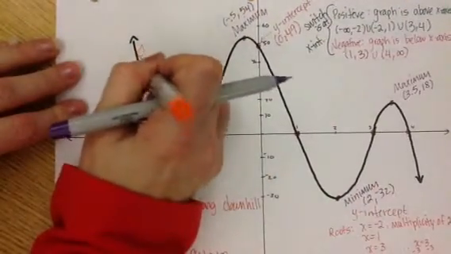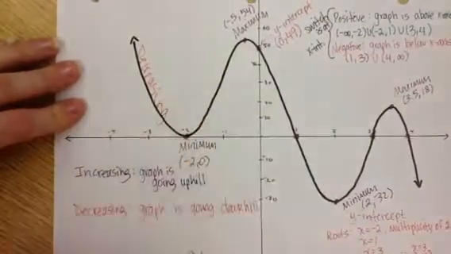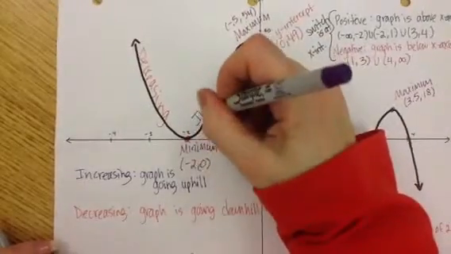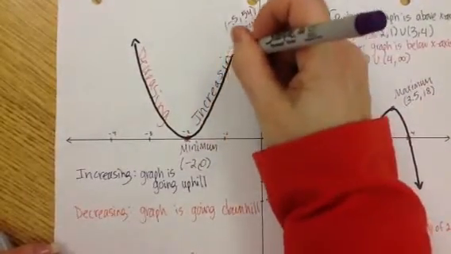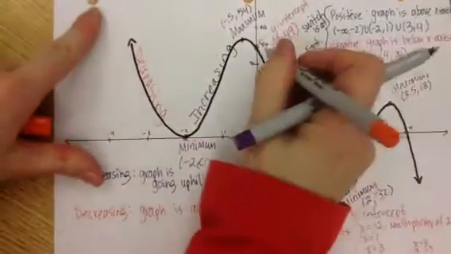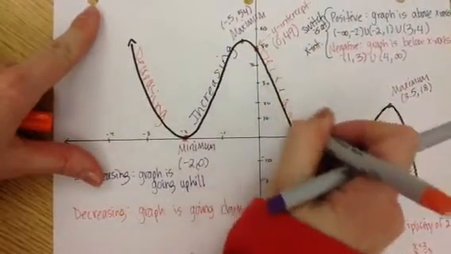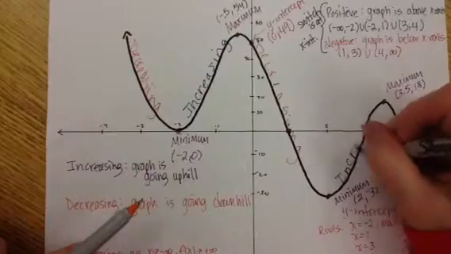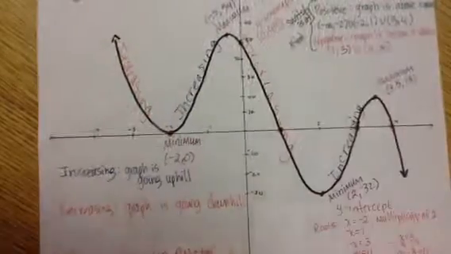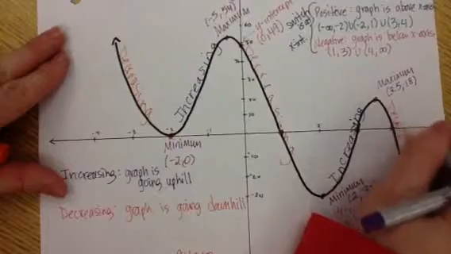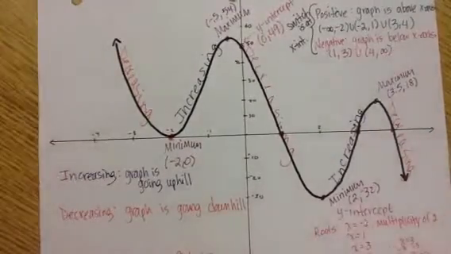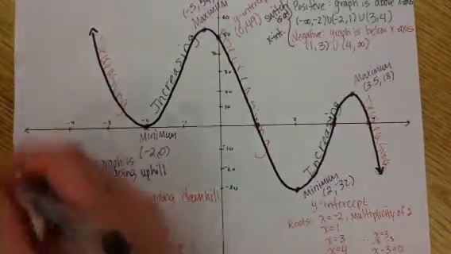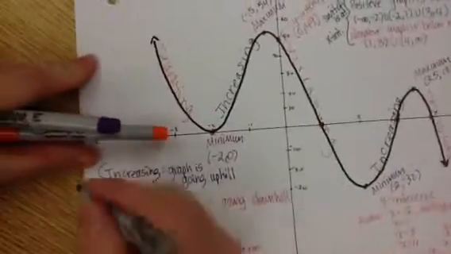It's decreasing at the beginning, and then it turns around at this point right here and begins increasing again. And then it turns around again and begins decreasing until it turns around and begins increasing again. And then it turns around and begins decreasing. So our graph is changing from increasing to decreasing a lot of times. You might want to make note over here that it switches.